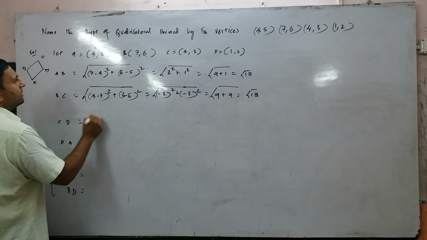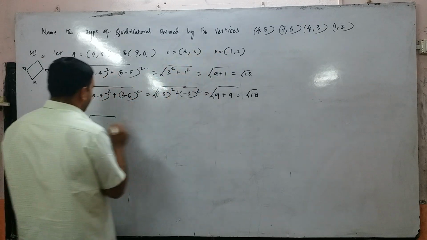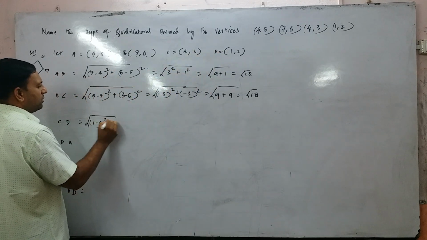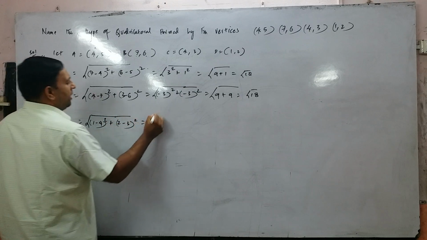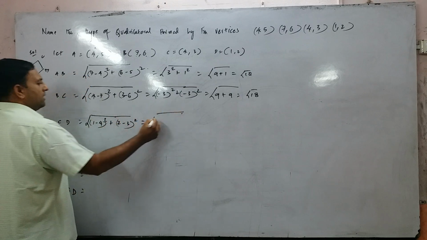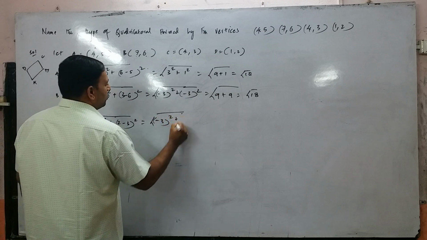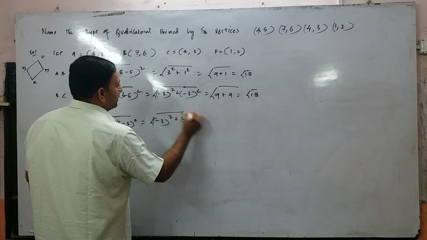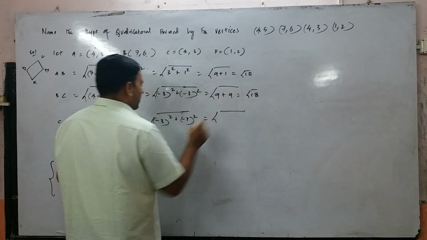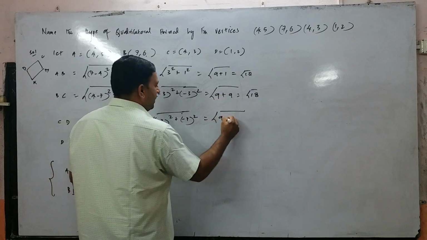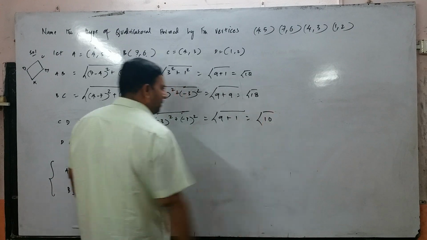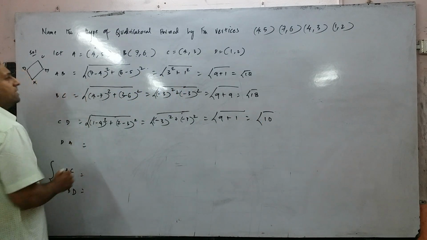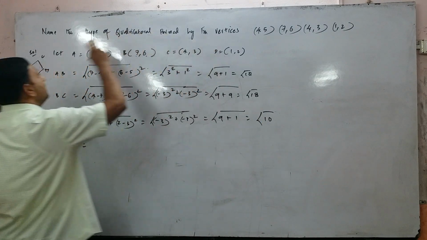Let us find distance CD. It is (1 minus 4) whole square plus (2 minus 3) whole square. 1 minus 4 whole square is minus 3 whole square, and 2 minus 3 whole square is minus 1 whole square. So it is under root of 9 plus 1, which is 10. Now distance DA.